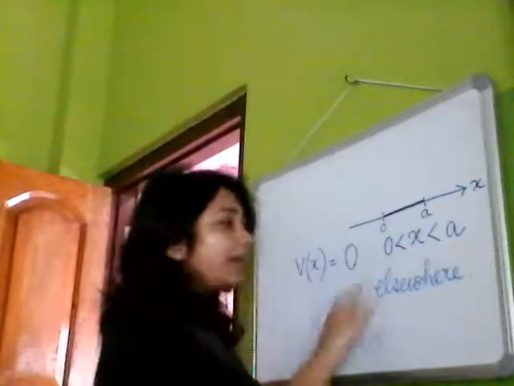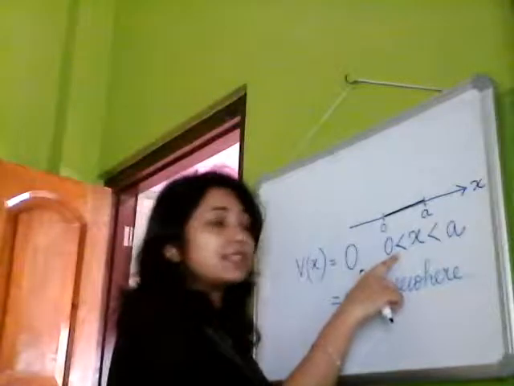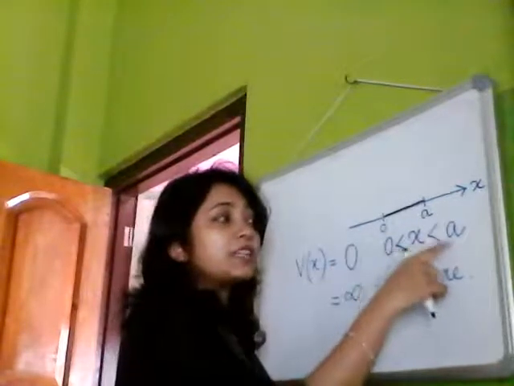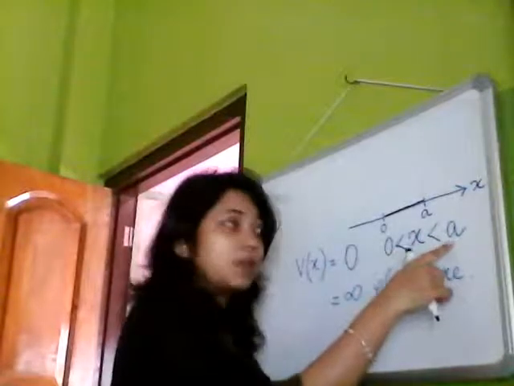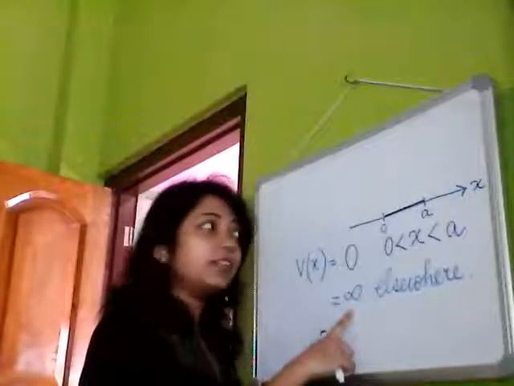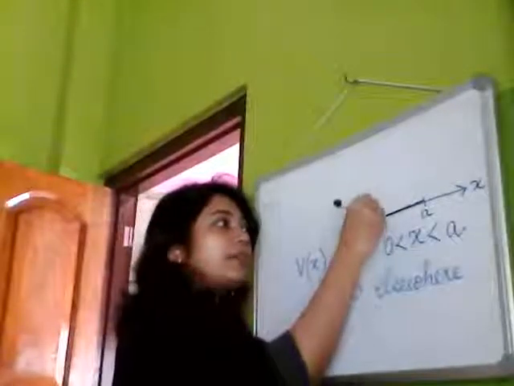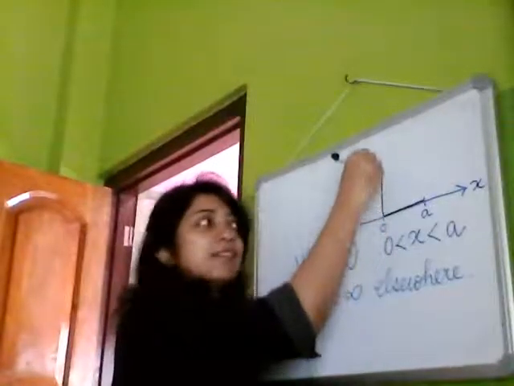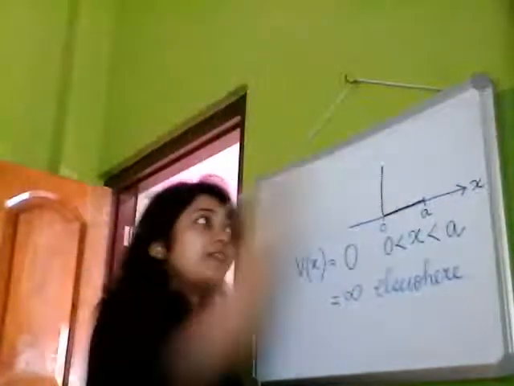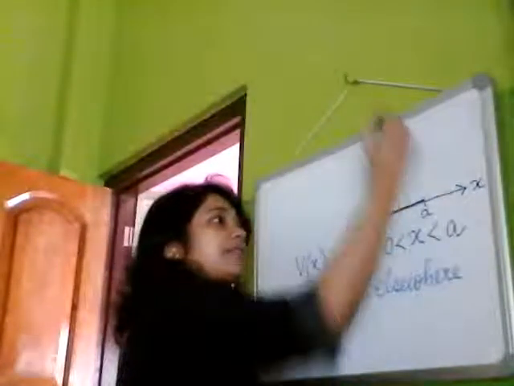But the moment I am crossing this 0 along this point, and I am reaching the point a along the x-axis, what is the value of the potential? It is as large as infinity. So how will I draw it? I will increase the value, and obviously it is going to increase till infinite values.